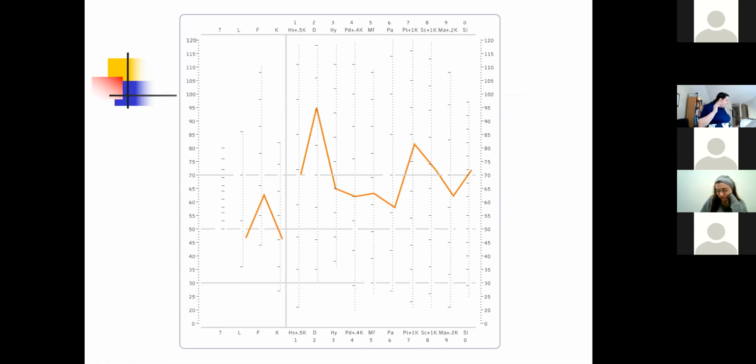So this person is scoring high on scales 1 and 3, both 65 or over. And those are related to what we'll learn about later in the semester as somatic symptoms. It's basically your psychological symptoms manifesting as physical symptoms.